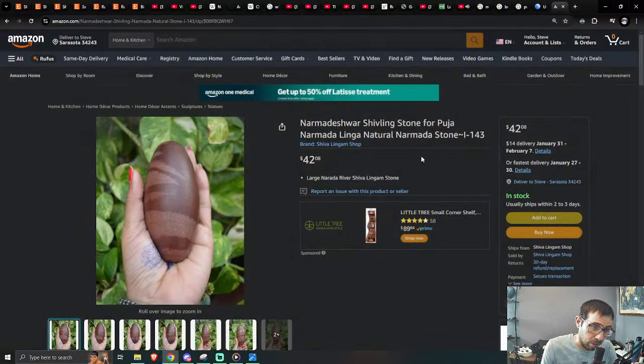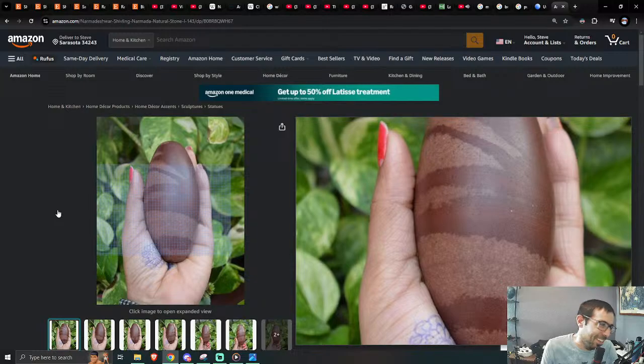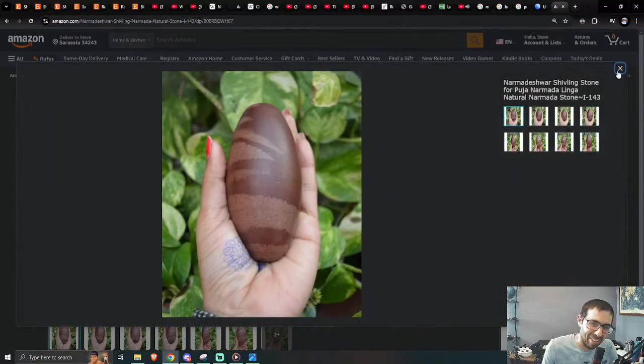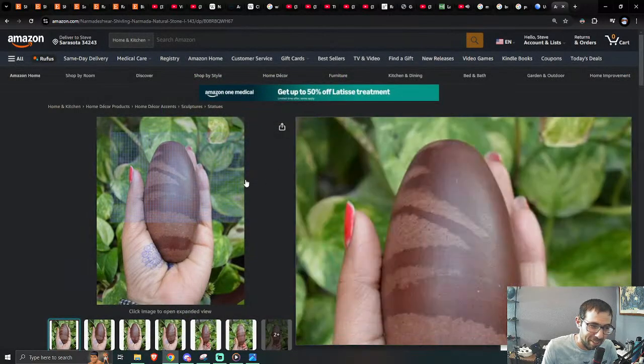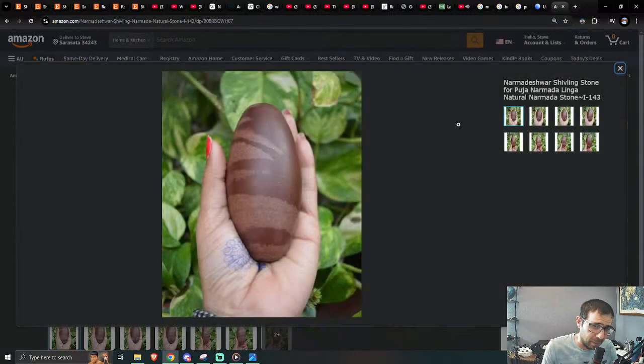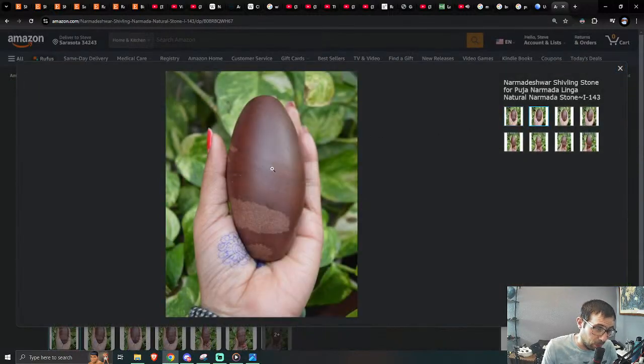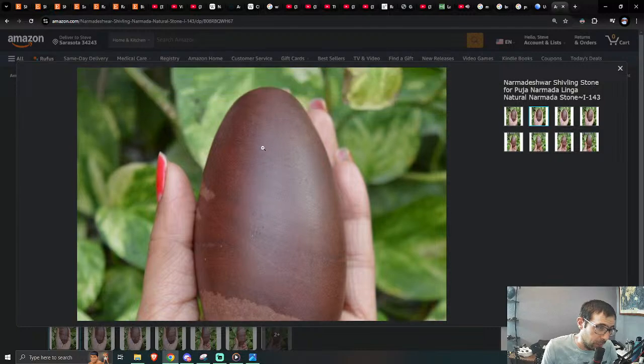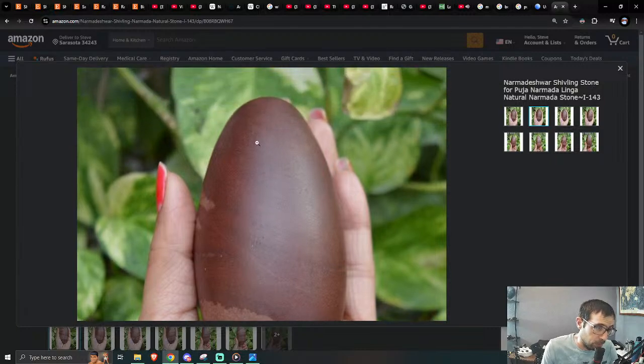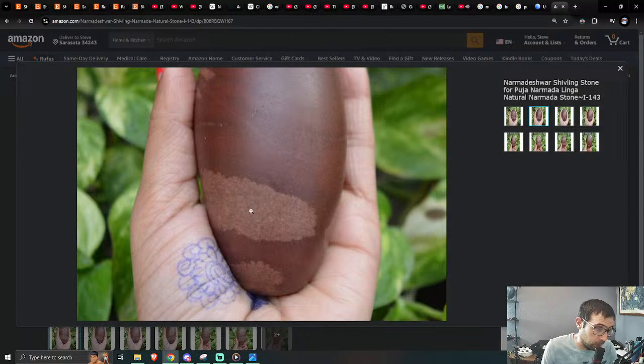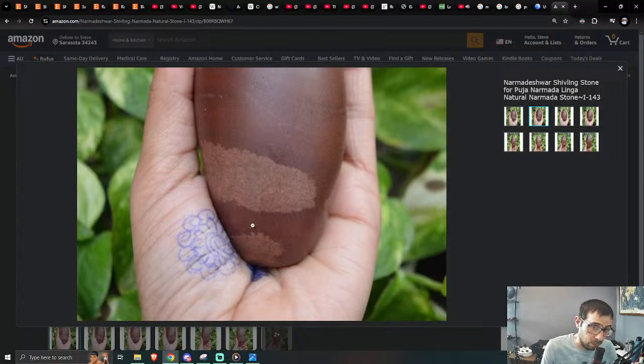I can literally tell the vendor by their hand. So this is probably a naturally formed stone found in this river, the Narmada River.